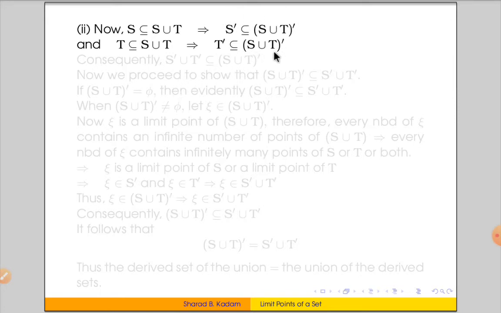So from this we conclude that S prime union T prime is subset of S union T prime. That means derived set of S union derived set of T is subset of derived set of S union T.